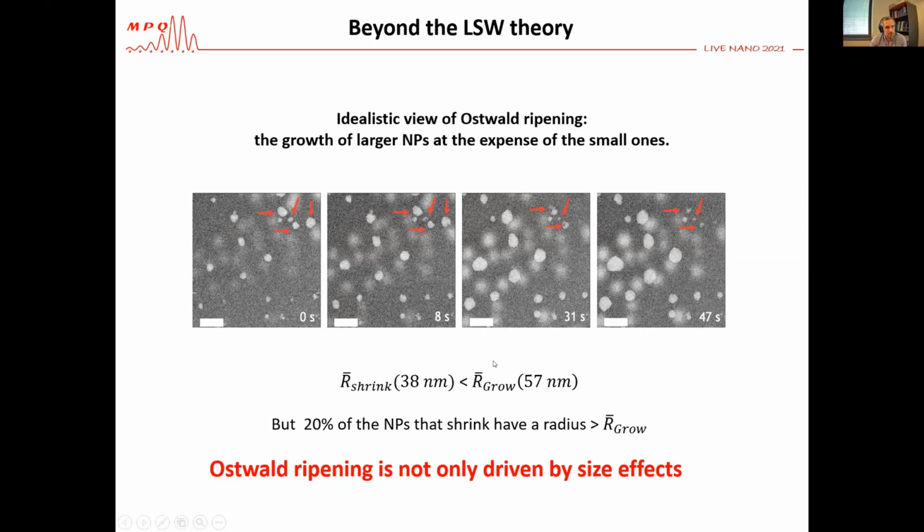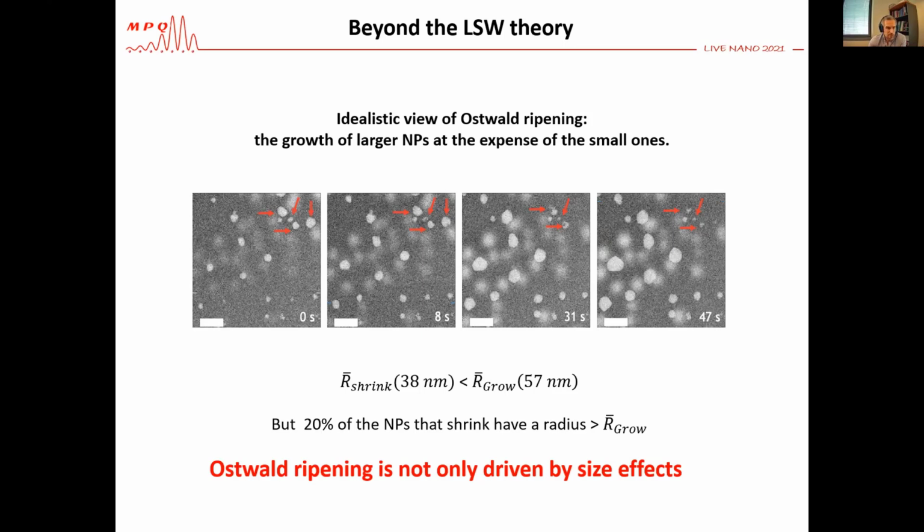But it's well exemplified in this example: you see that you also have a lot of large particles, with a size way above this mean radius of 55 nanometers, that can shrink too, which clearly shows that Ostwald ripening is not only driven by size effects. We can reasonably assume that the presence of defects in some particles will clearly affect their degradability. So it's not only size that rules the dynamics of nanoparticles.